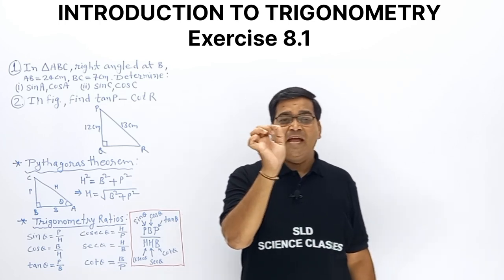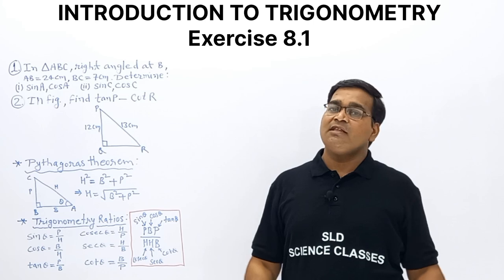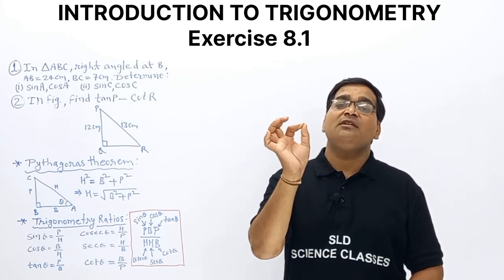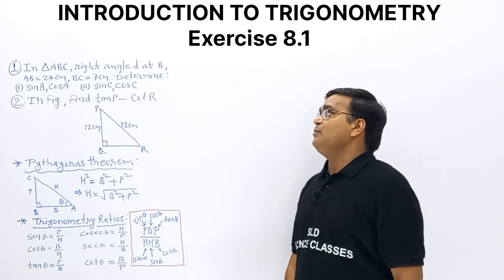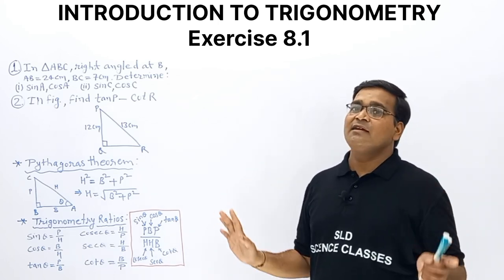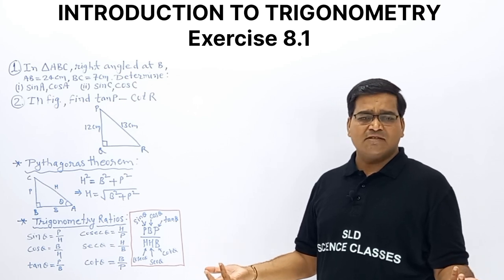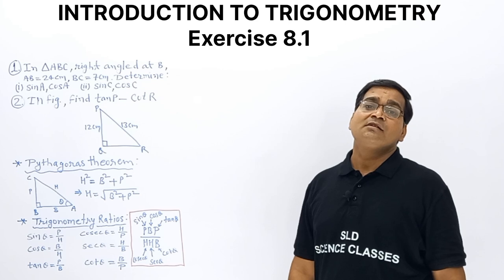Now I am going to start exercise 8.1. The questions in 8.1 are based on trigonometry ratios. The first question I am taking: in triangle ABC, trigonometry is the study of the relationship between the sides and angles of a triangle.